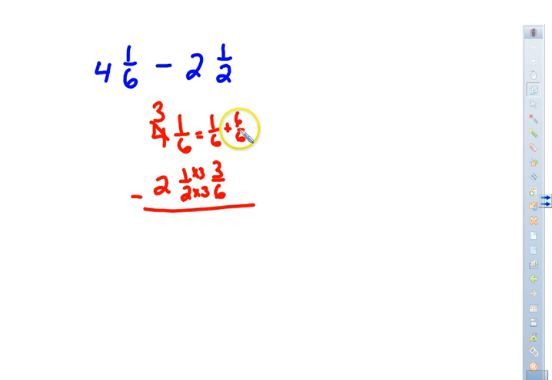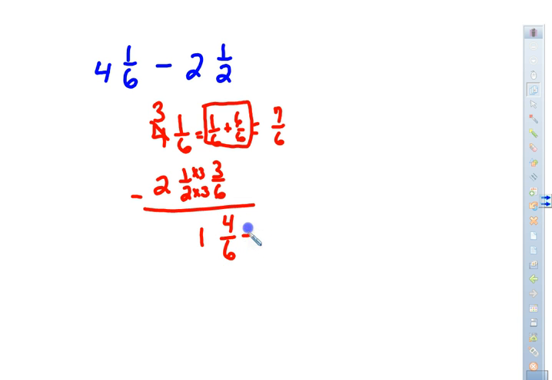You're adding 1 whole, which is 6/6, and we're adding it on to the number that was originally there, which was the 1/6, to give me 7/6. Now I can subtract, and I get 7 minus 3, which is 4, over the 6, and then 3 minus 2 is 1.